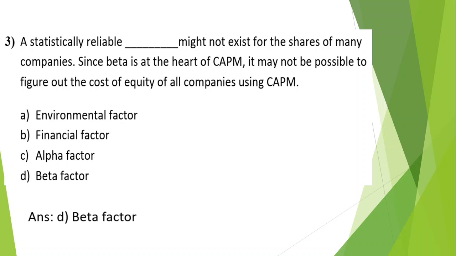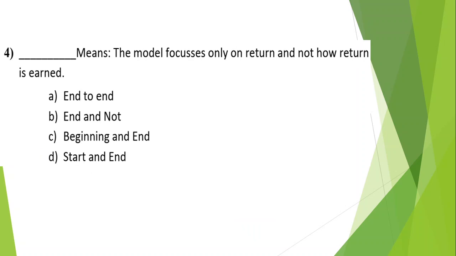We have another fill in the blank kind of question. Dash means the model focuses only on return and not how return is earned. We have four options. Option A, end to end. Option B, end and not. Option C, beginning and end.